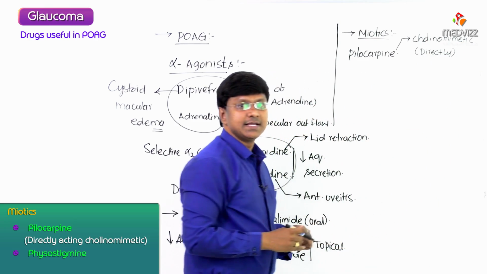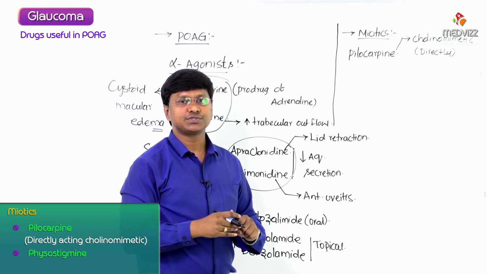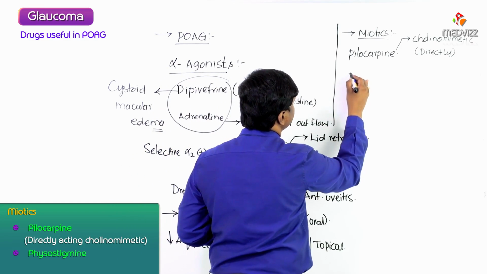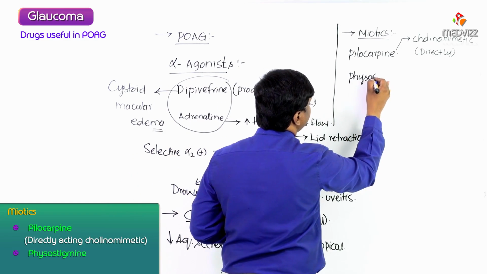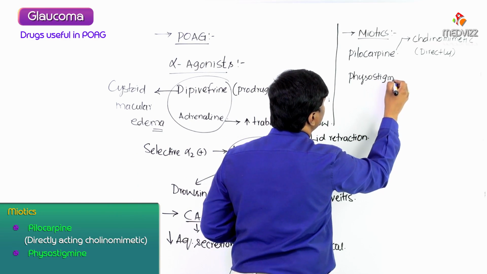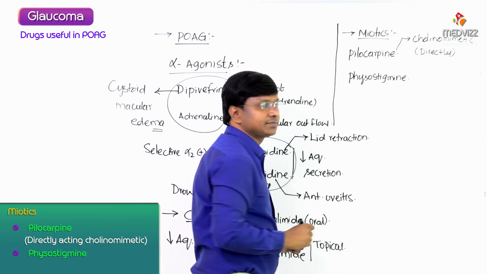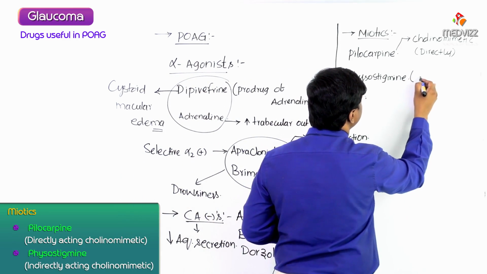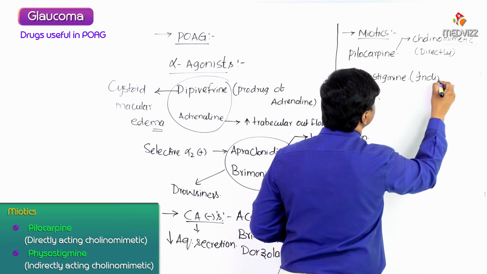Okay, next, the other miotic which can be used in the treatment of primary open angle glaucoma is physostigmine. If you see physostigmine, it is an indirectly acting cholinomimetic drug.